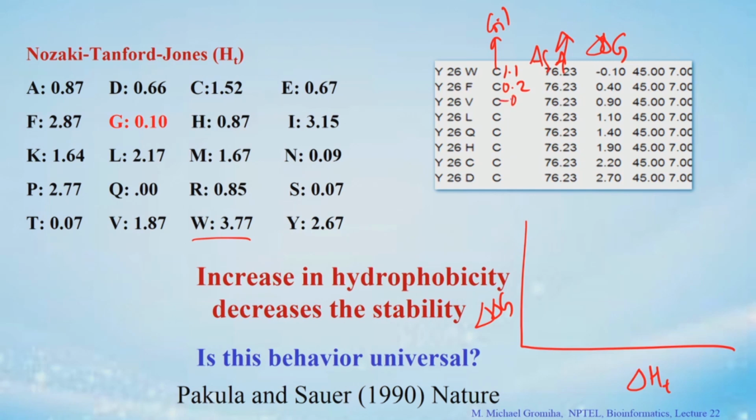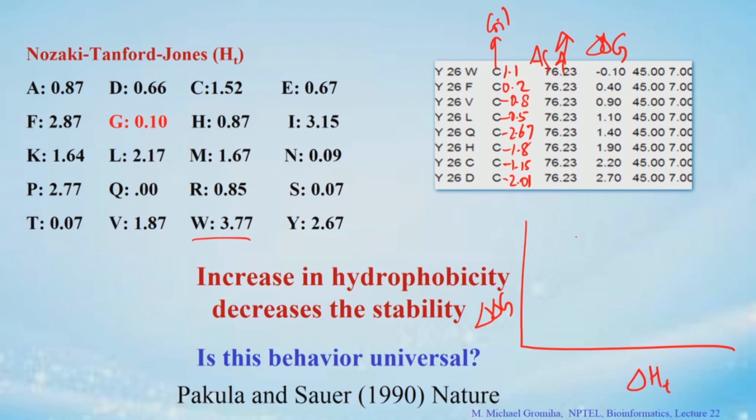Then minus 0.8, minus 0.5, Q is minus 2.67, H is minus 1.8, Y26C minus 1.15, and Y26D, D is 0.66, so minus 2.01, right.